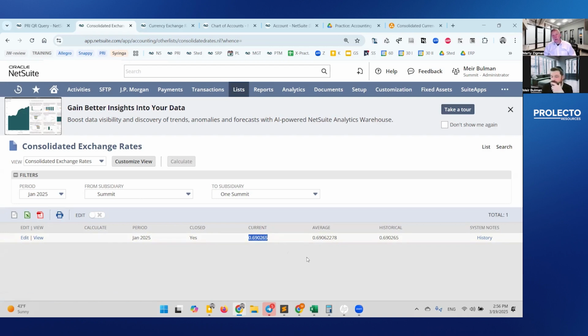But at the end of the day, a corporate controller at the parent would ask the controller in the sub to say, thank you for that trial balance, I need all the detailed transactions so I can determine my average and my historical rate, because I need some basis for the calculation.